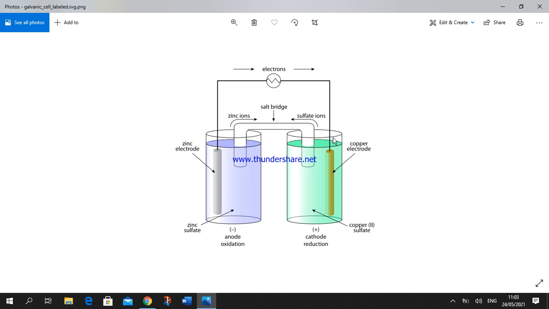So each zinc atom in the first beaker begins to lose 2 electrons by oxidation and changes into zinc positive ions. The electrons liberated from the oxidation reaction flow through the wire, reaching the other electrode, to reach the copper positive ions formed from the ionization of copper sulfate.